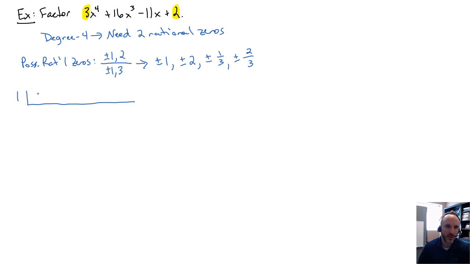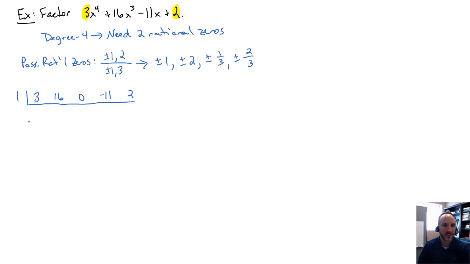If I test 1, I need to plug in my coefficients of 3x to the 4th plus 16x cubed minus 11x plus 2. We can see that this polynomial is missing an x squared term, so it's going to need a 0 placeholder for the x squared part. So we've got 3x to the 4th, positive 16x cubed, 0x squared, negative 11x, positive 2.